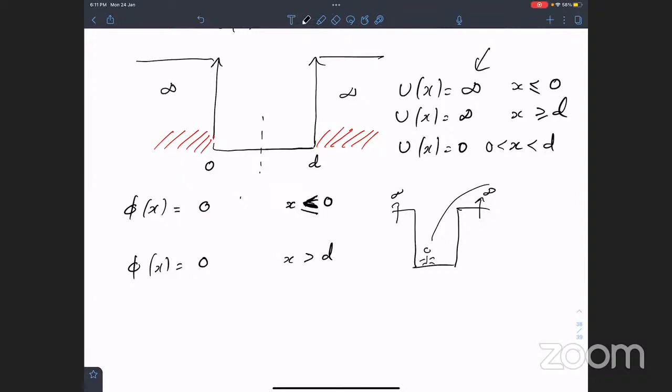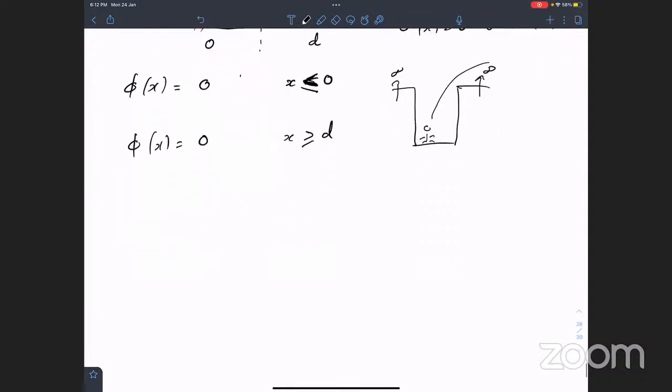Exactly at 0 also, the well already starts. So your wave function has to go to 0 there. If it is any other value, there is a problem because the wave function will become discontinuous. That's not allowed. So I have to actually say x less than or equal to 0, and x larger than or equal to d. Wave function is 0. Great.